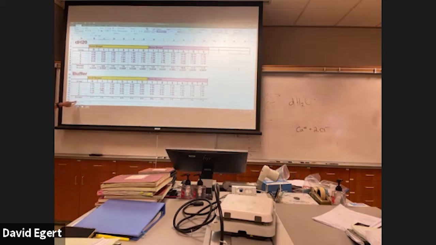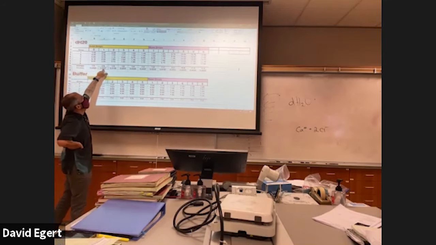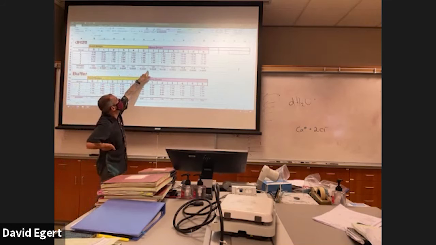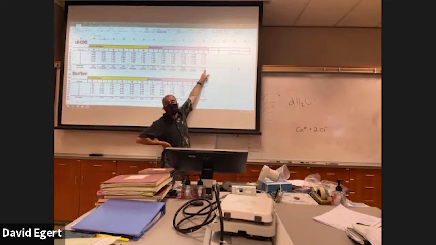How does it compare to looking at a buffer? Anybody? Yeah. With the buffer, there's very little change. Right? And in your write-up, you want to actually refer to our actual data. You can say, with distilled water, we had swings going all the way from 1.3 to 11.5 on average. A huge range.